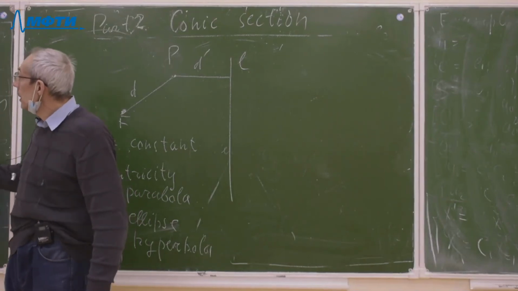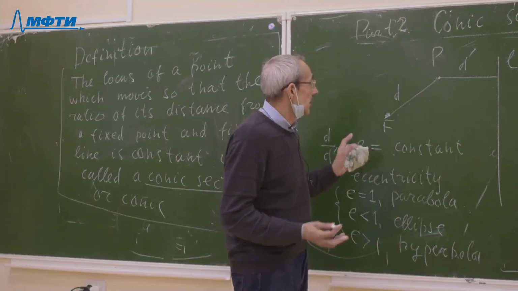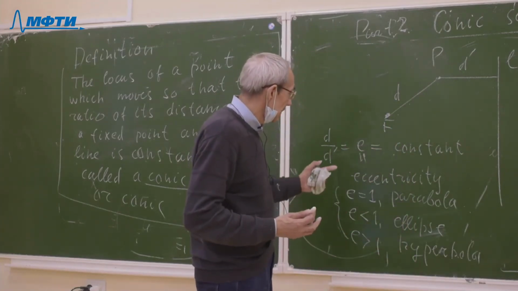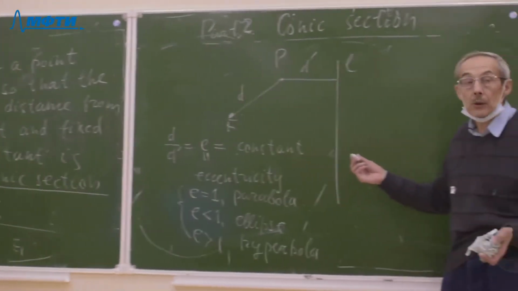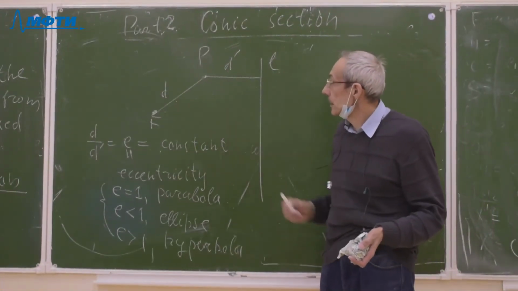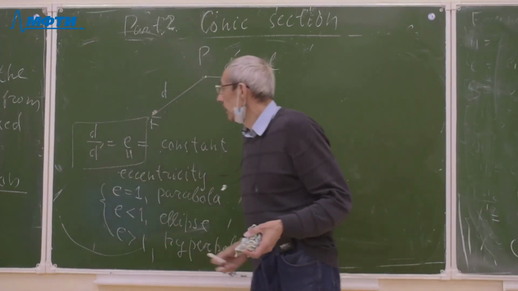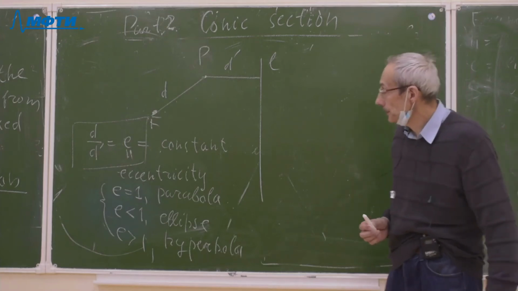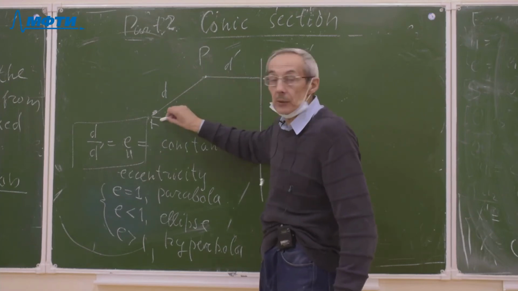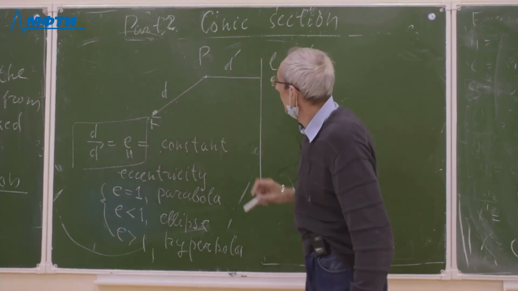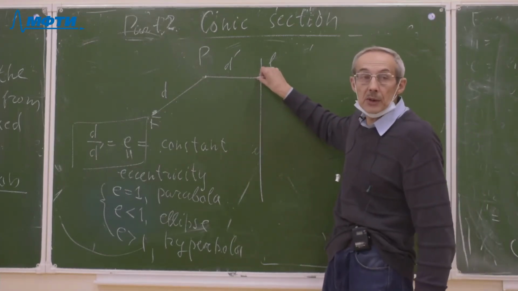But I will start from this definition. In our case, this conic is the geometrical locus defined by this condition. The condition is the ratio of distances D and D prime: D, the distance from the moving point to the fixed point F, and D prime, the distance between the moving point and the fixed straight line.